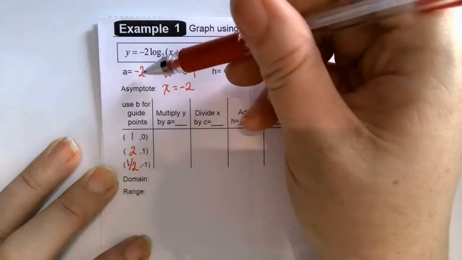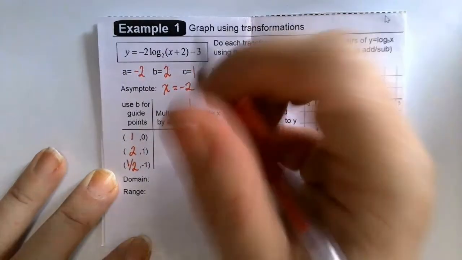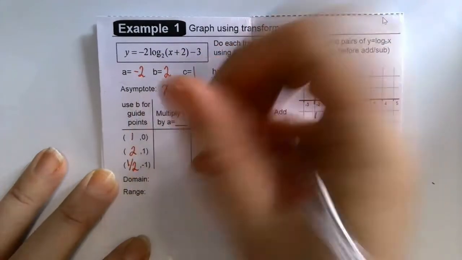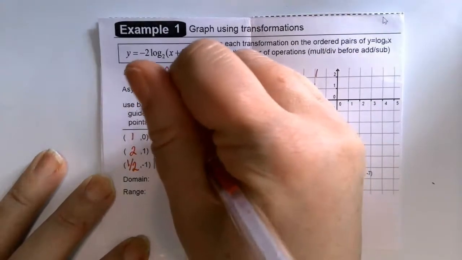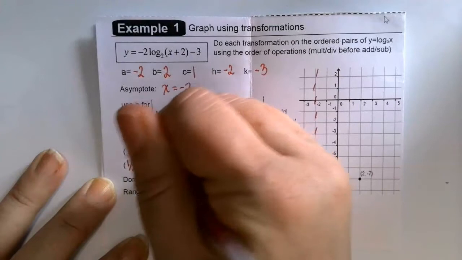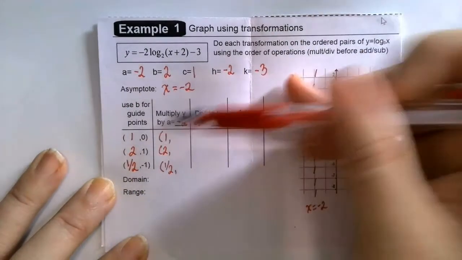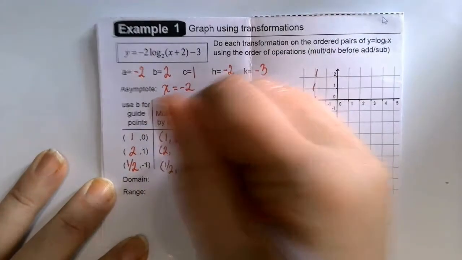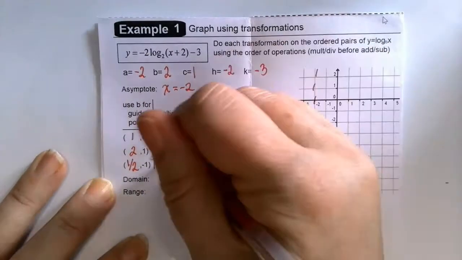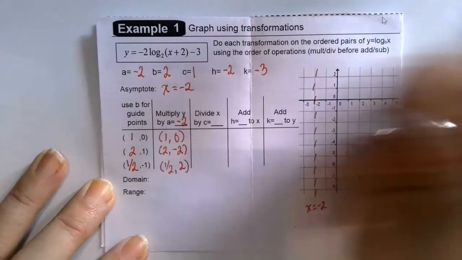Then to take care of the vertical stretch of 2 and the reflection in the x-axis, we're going to multiply all of those y values by the a, which is -2. So each of the x coordinates stays the same, 1, 2, and 1/2. And then we take 0 times -2 is 0, 1 times -2 is -2, and -1 times -2 is +2.